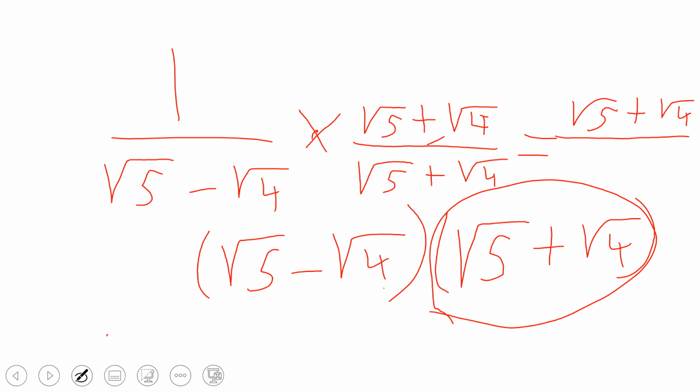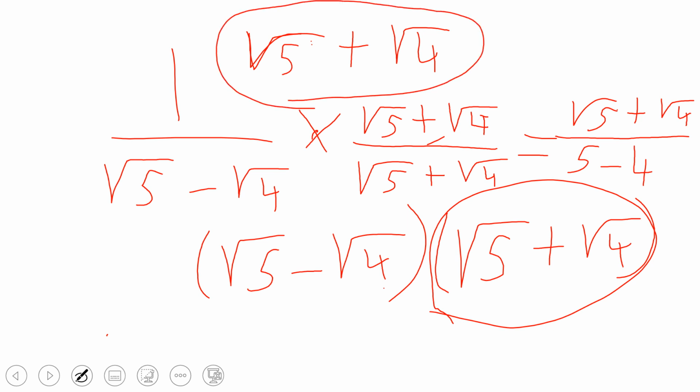In the denominator, square root of 5 multiplied by square root of 5 is just square root of 5 squared. The squares cancel. We have 5 minus square root of 4 multiplied by square root of 4. The squares cancel. We have 5 minus 4, which is just 1. So in reality, this is square root of 5 plus square root of 4 over 1.